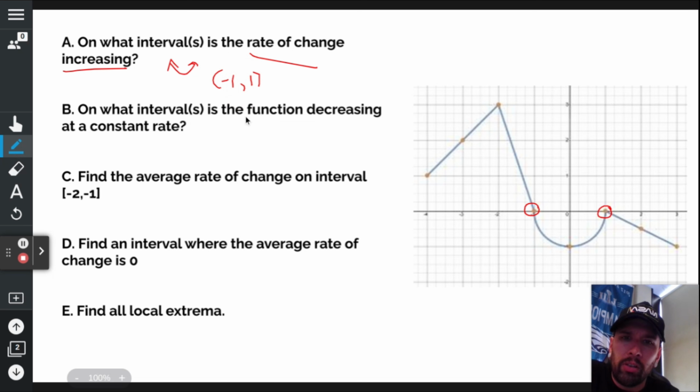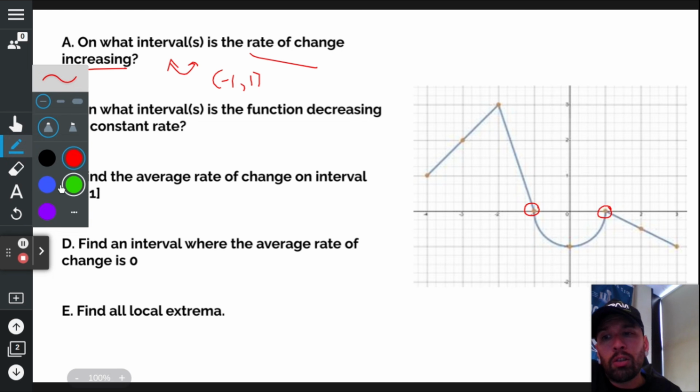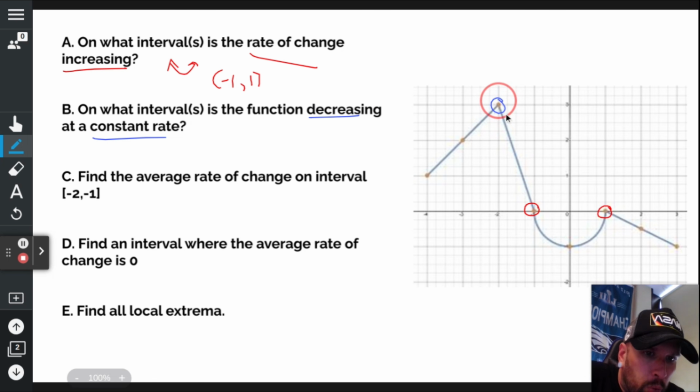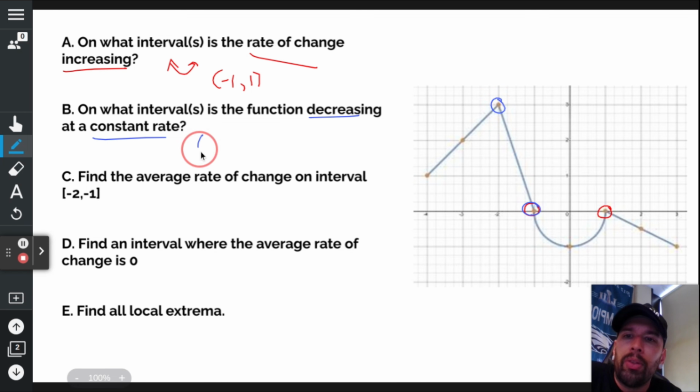On which interval is the function decreasing at a constant rate? Well, it's actually intervals. Decreasing at a constant rate means it's a linear straight line going down and to the right. That happens between here at -2 to -1. So let's write that out, -2 to -1.